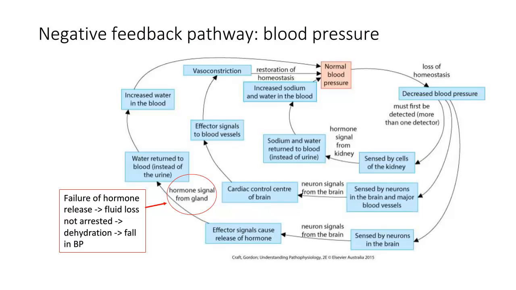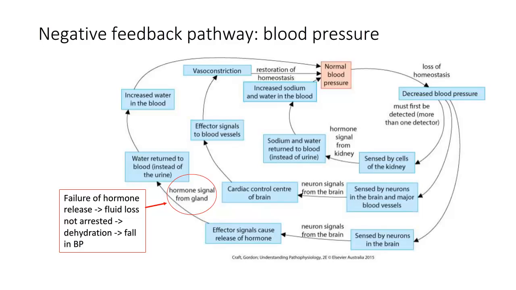And aldosterone is responsible for retrieving sodium from the urine, and wherever sodium goes, water follows. So if aldosterone's been triggered to act on the kidney, and remember that aldosterone comes from the adrenal gland, if it acts on the kidney it will retrieve more sodium and therefore retrieve more water, and that will help bring the blood volume back to normal.